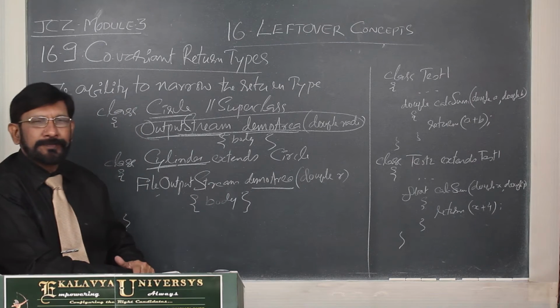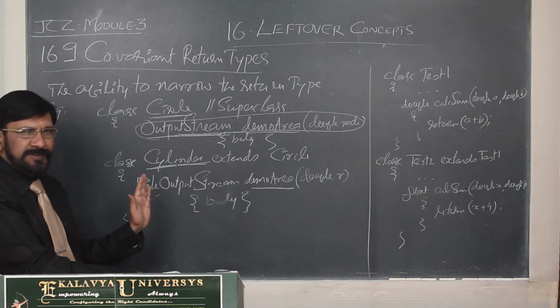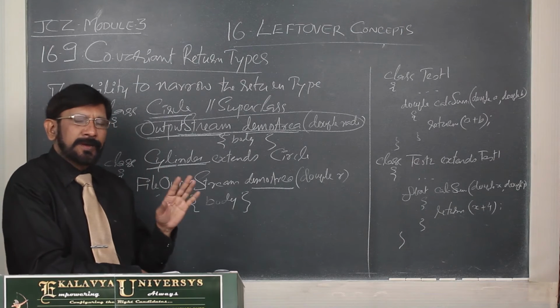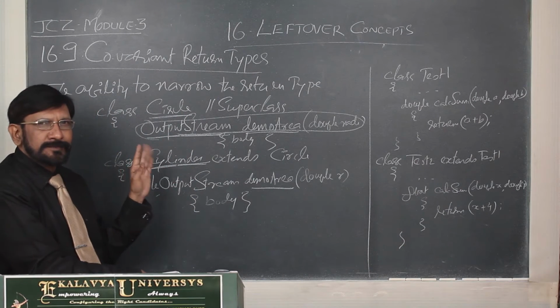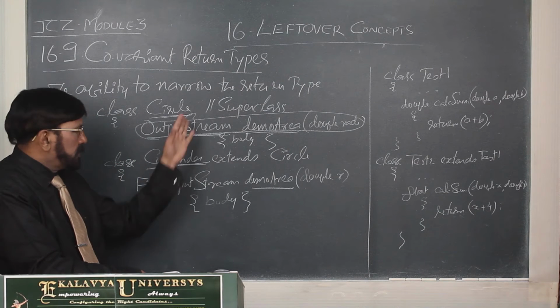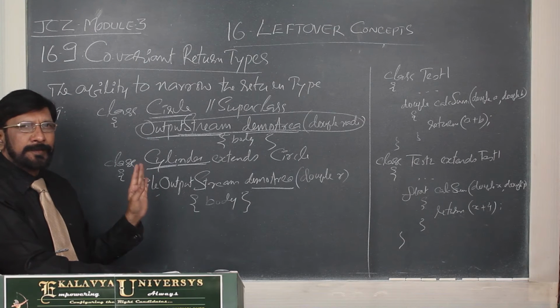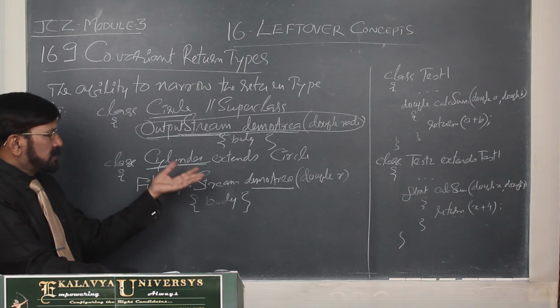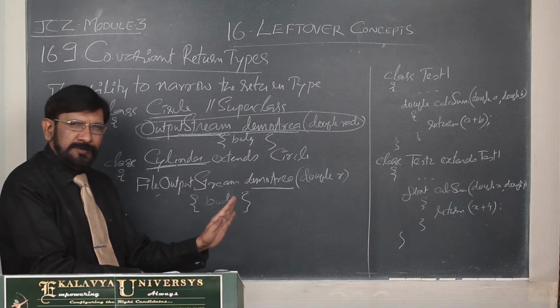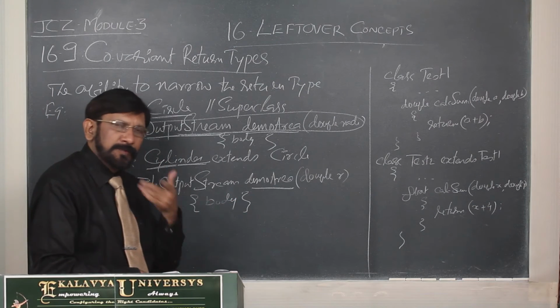This is the point; you have to understand it in this simple way. This is applicable for classes, that means reference types only. It is not applicable to primitive types.